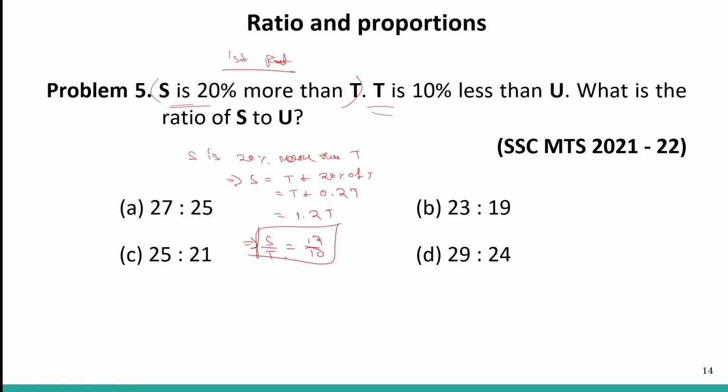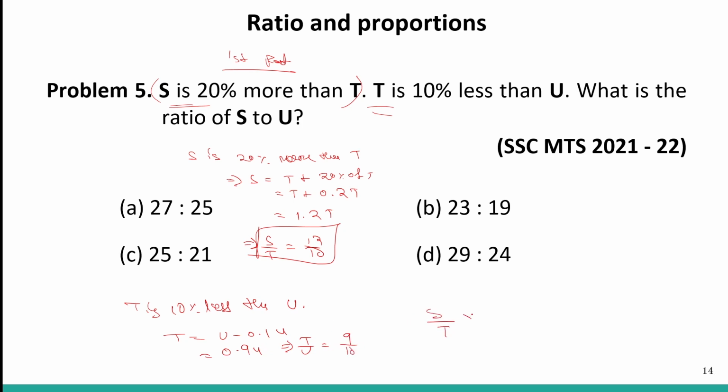The next part tells us that T is 10% less than U. So T is equal to U minus 0.1U, which is equal to 0.9U. So this implies that T by U is equal to 9 by 10.